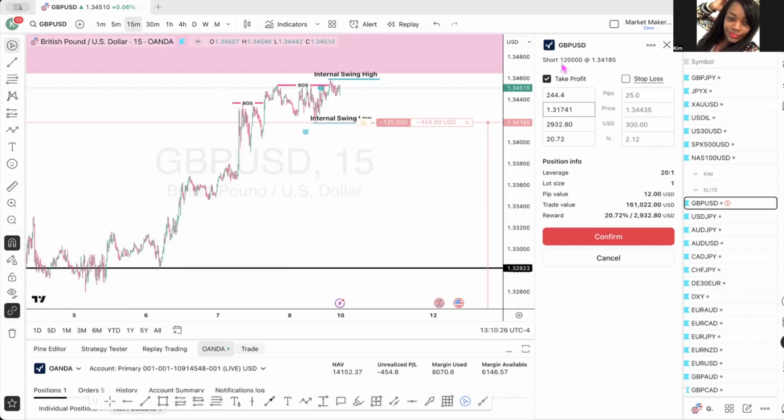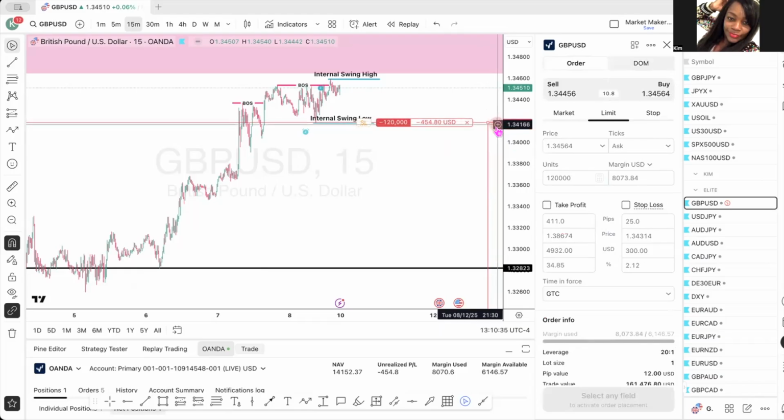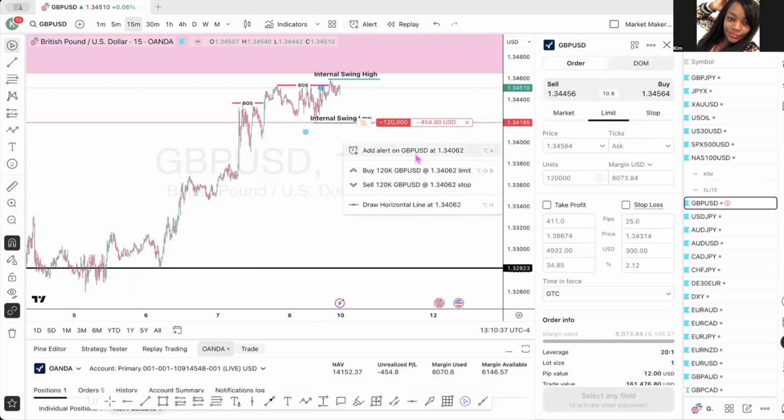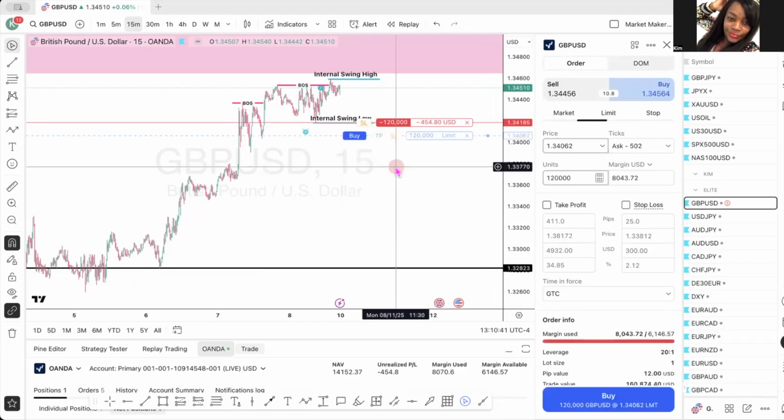So whenever you put a trade in, say I want to buy here, it's going to have units right here.